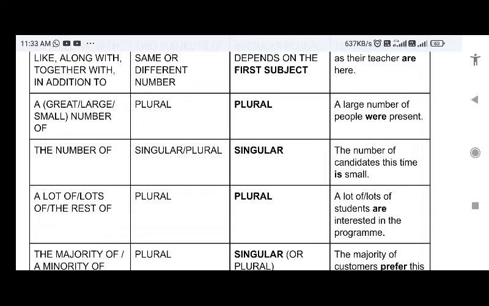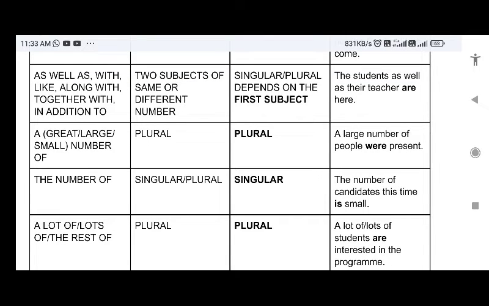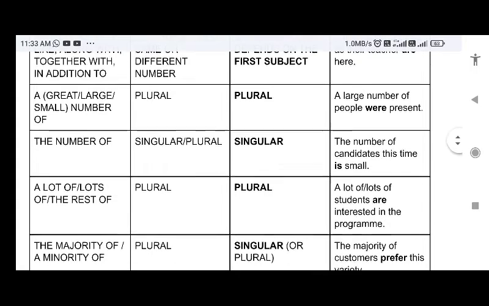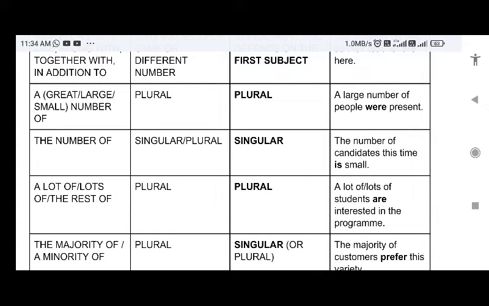See, next, the phrase the number of. Whether the subject is singular or plural, irrespective of the subject, the verb will be written in singular form when the phrase the number of is used. See, the number of candidates, this time candidates, but it is written the number of, is small.